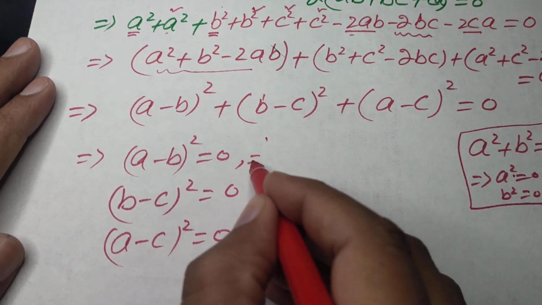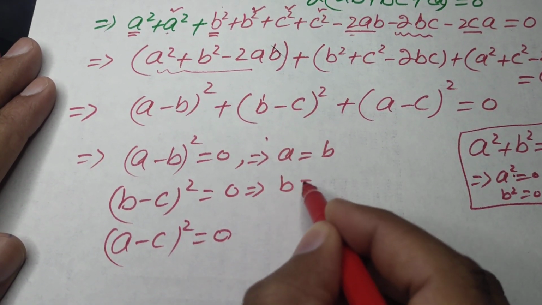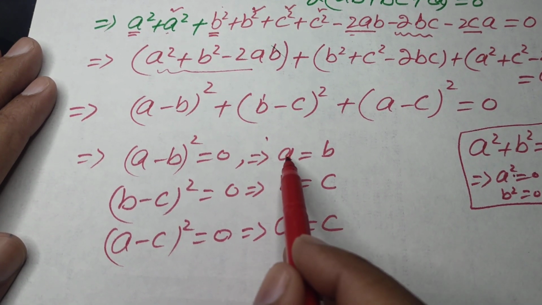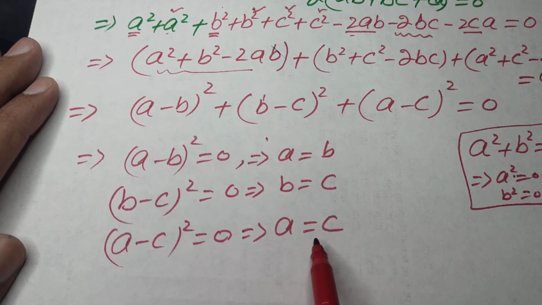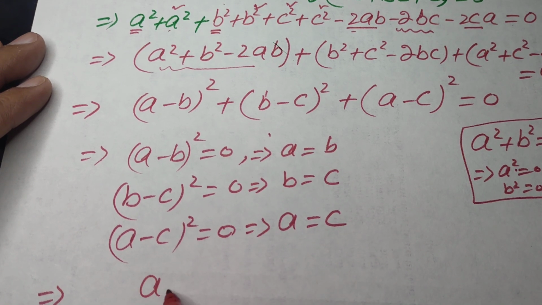So this becomes b is equal to c, this becomes a is equal to b, and this becomes a is equal to c. If we look at all the terms, we will obtain a is equal to b is equal to c.